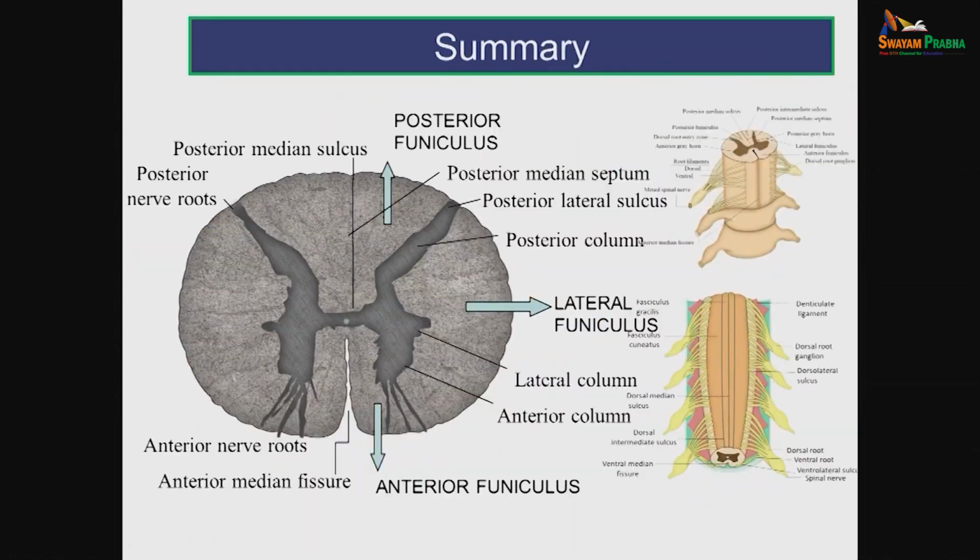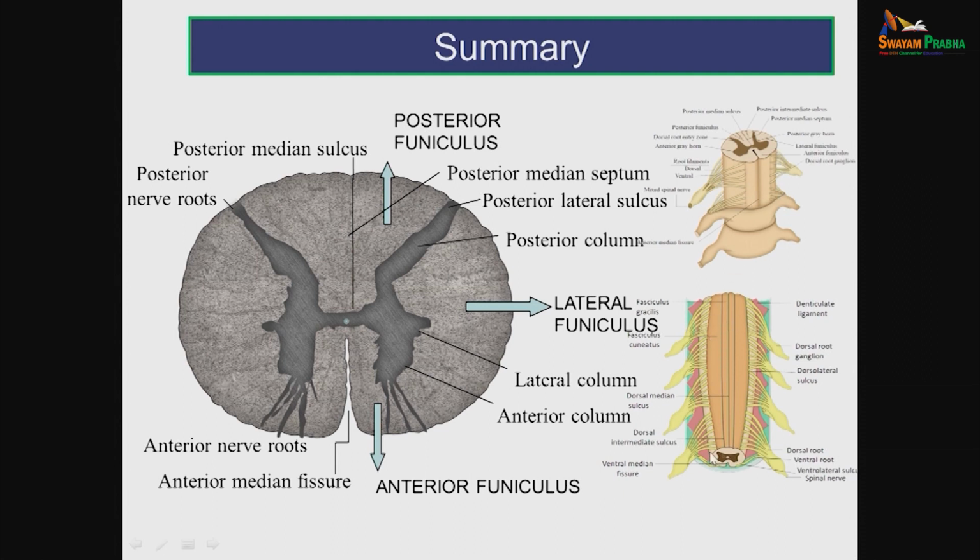So to summarize what we have learned till now, we have talked about the external features of the spinal cord, where an anterior median fissure and a posterior median sulcus divide the cord into 2 symmetrical halves, and we studied an anterior median fissure and 2 anterolateral sulci on the anterior aspect.